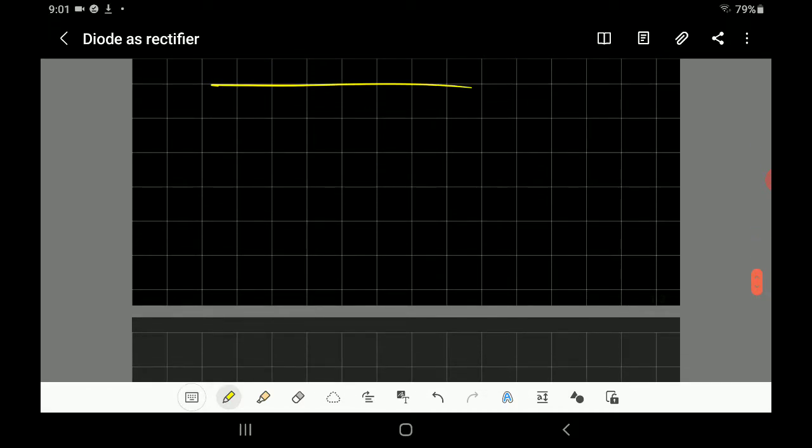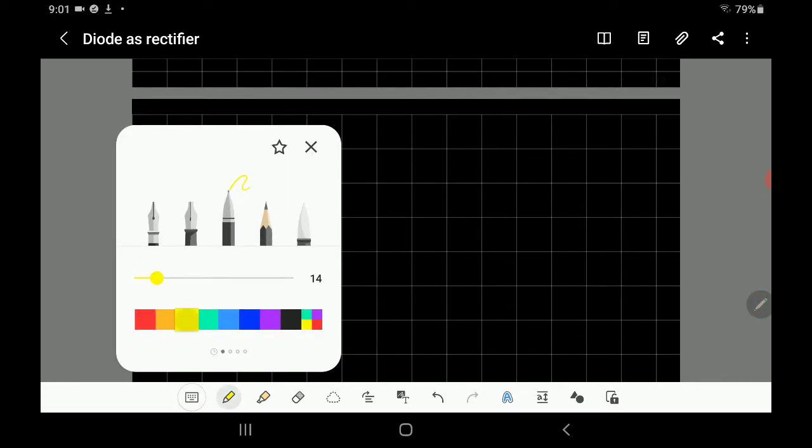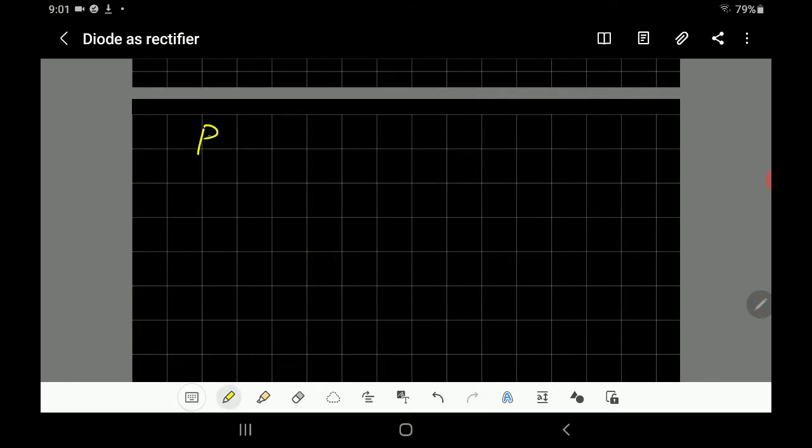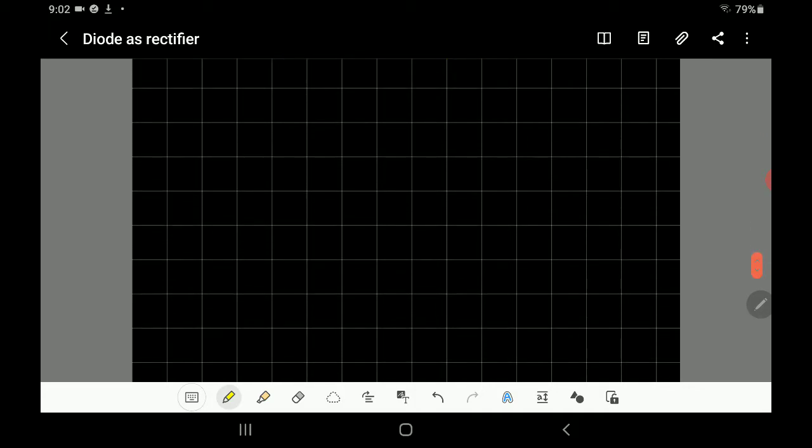Now let's be more practical. We'll have something called the practical diode model. Well, it doesn't really start from 0 to conduct.